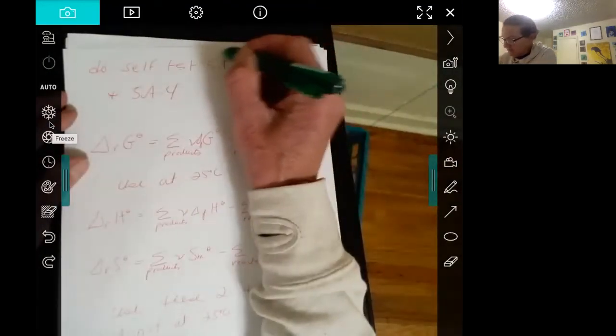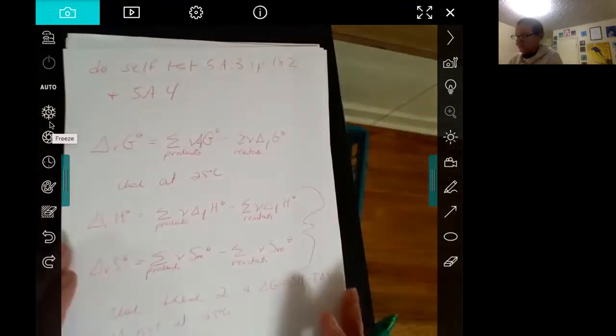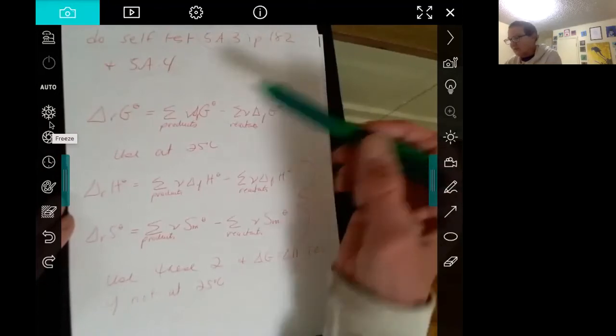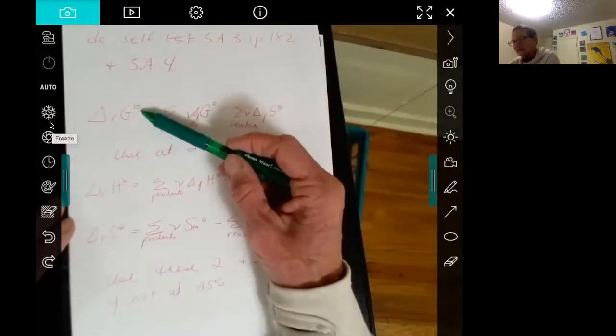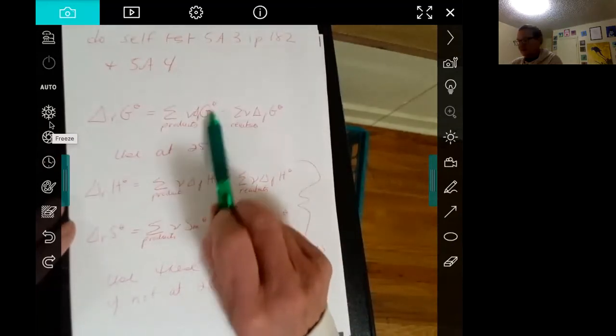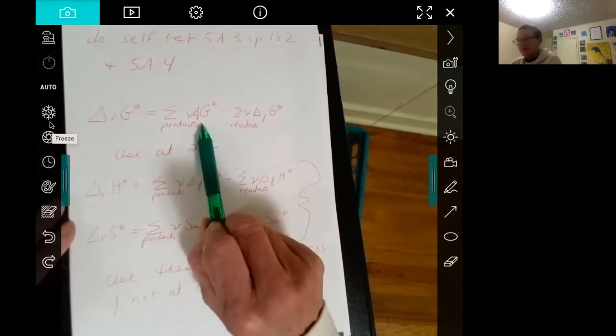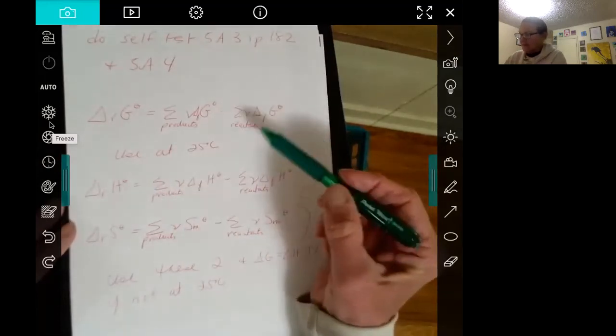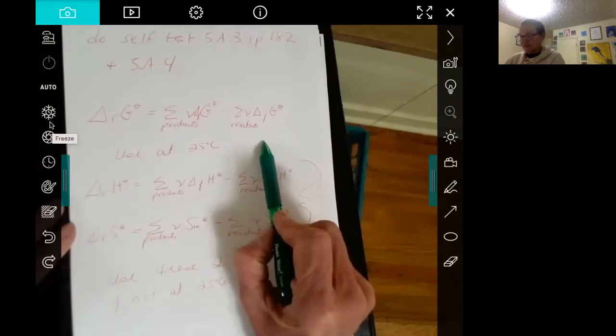So first, stop and do these two self-tests, because they just use some of the information we've already done. And then think about if you need a delta G to get a K, so if you need a delta G standard state, you can find delta G standard states of formation in the back of your book, and you do products minus reactants. So if you're at 25 degrees, it's okay to use this.